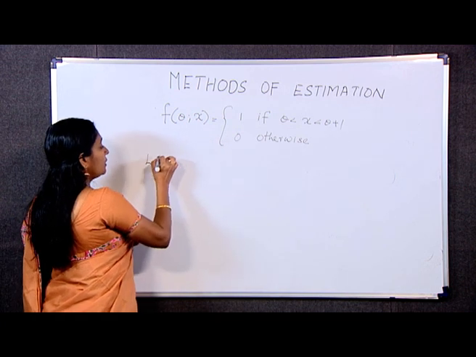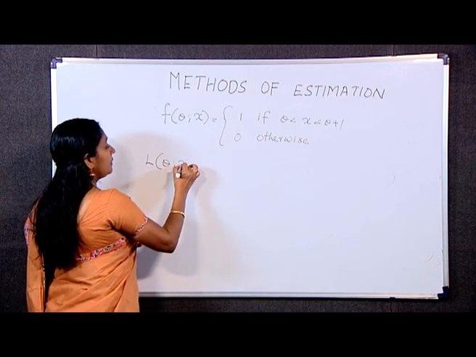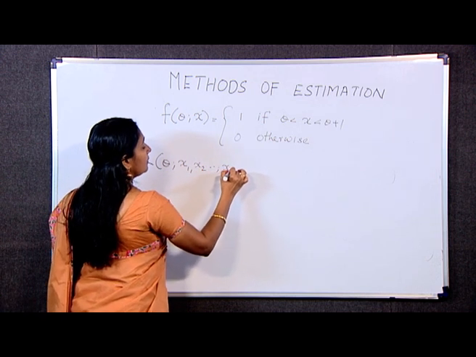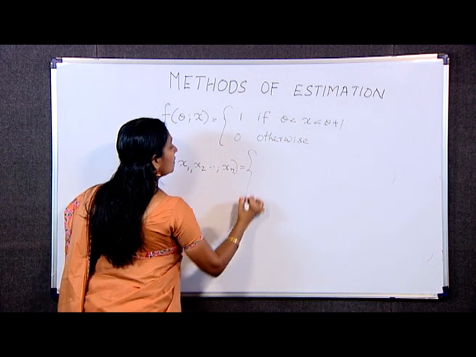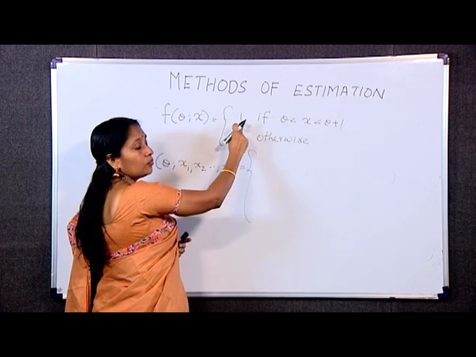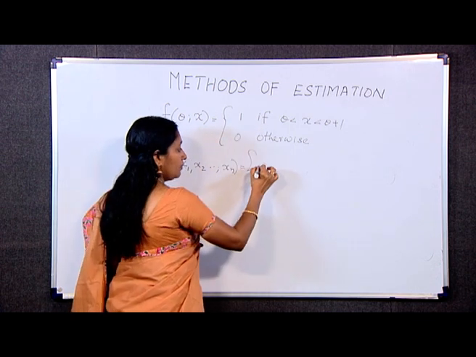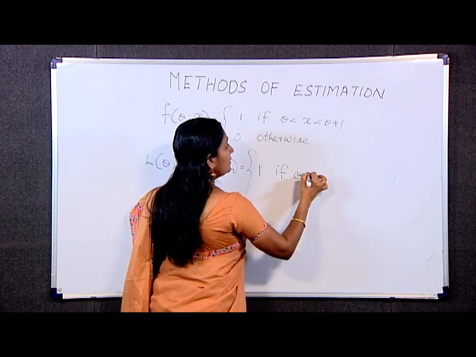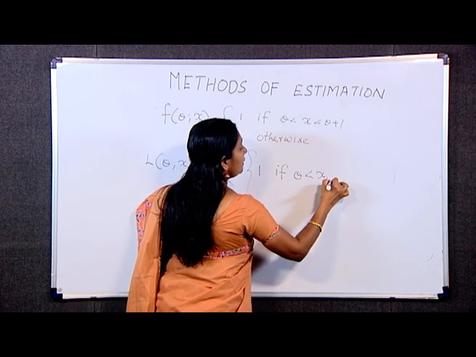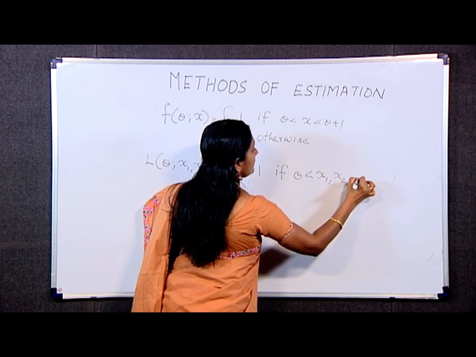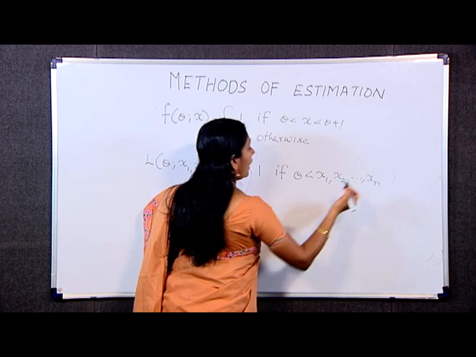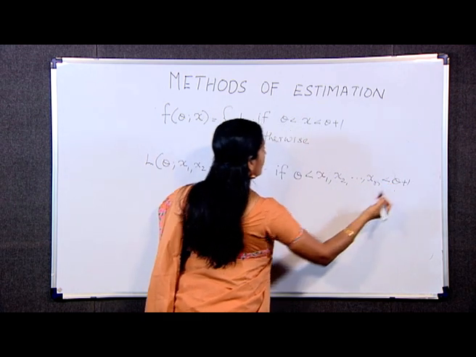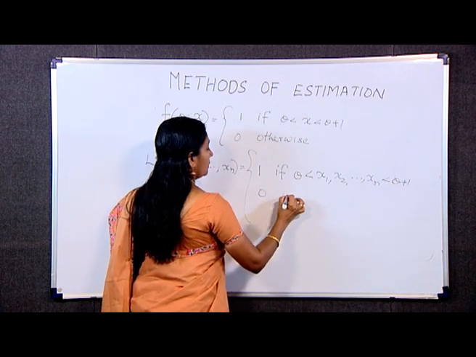Then the likelihood function is L(theta; x1, x2, ..., xn) equal to 1 into 1 into 1, n times. So, it is 1 if all the sample values x1, x2, ..., xn are between theta and theta plus 1, 0 otherwise.